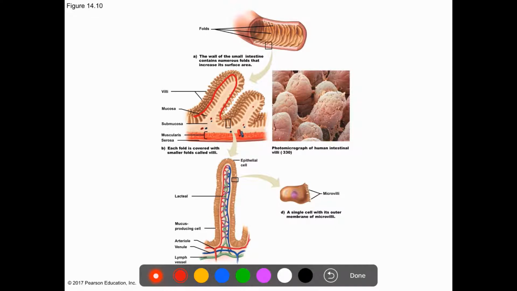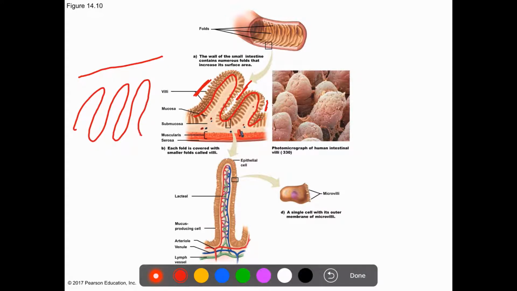As you can see, there are folds here. So because of these folds, we will have large space that the food would come in contact with comparing to a flat surface. Because of these folds, now we can adopt more areas that the digestion or the absorption can happen there. So this is the first one.